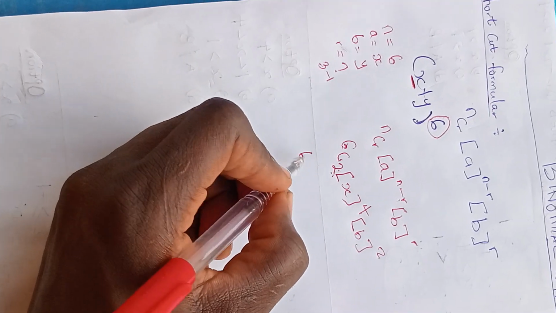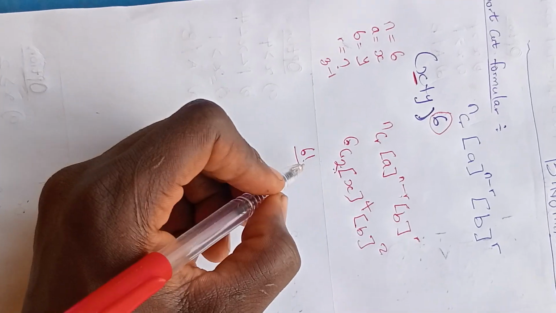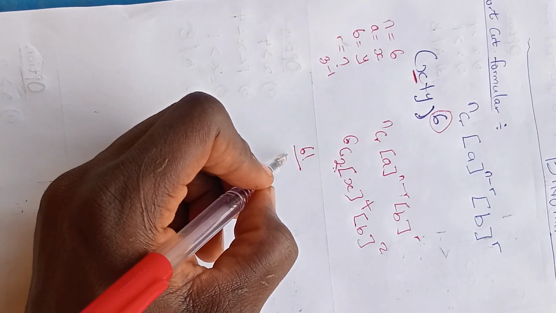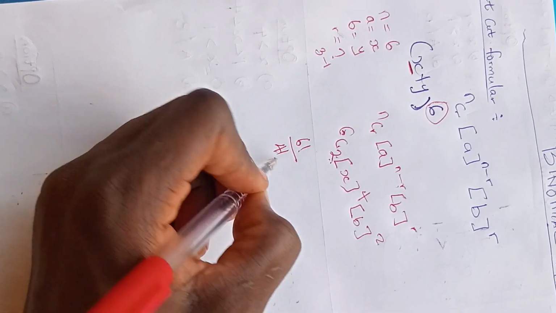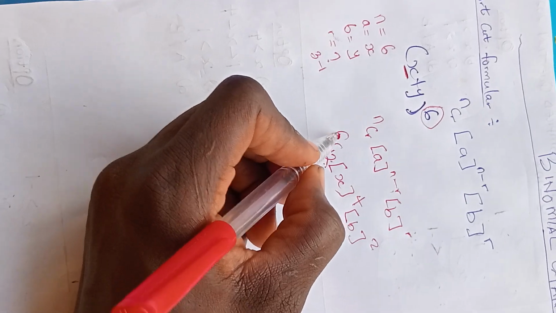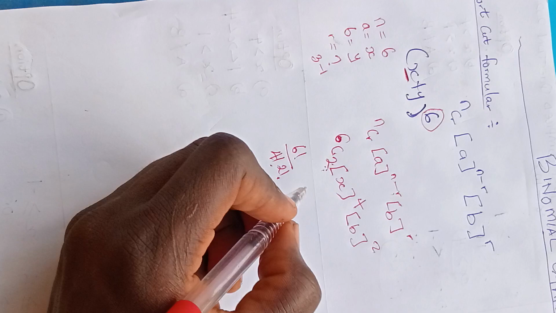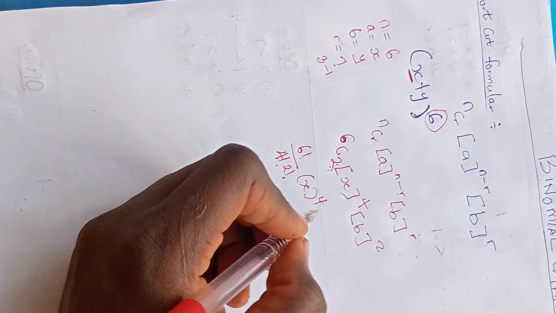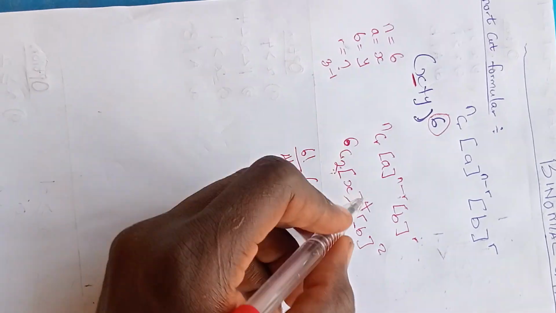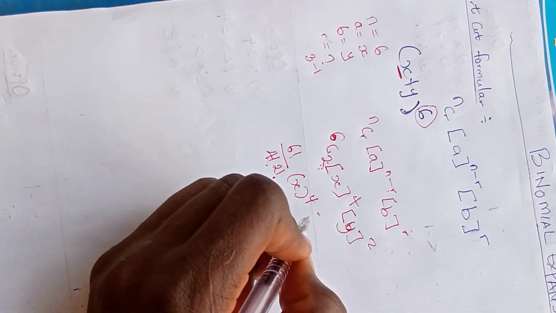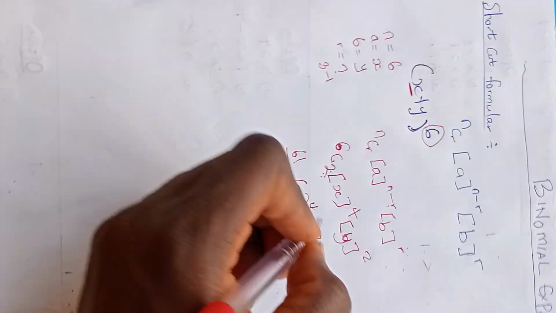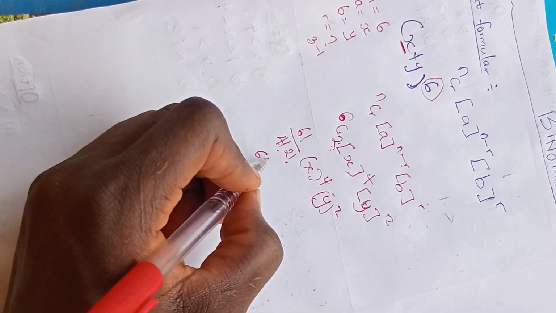Now you must know how to deal with combinations. Combination is the factorial of the higher number all over the factorial of their difference, multiplied by the factorial of the lower number. The difference between 6 and 2 is 4. Then x is still there, raised to the power of 4, and our b is actually y, so that's y squared. That will be 6 factorial over 4 factorial times 2 factorial.